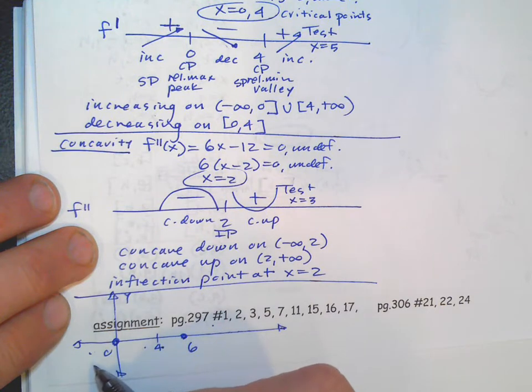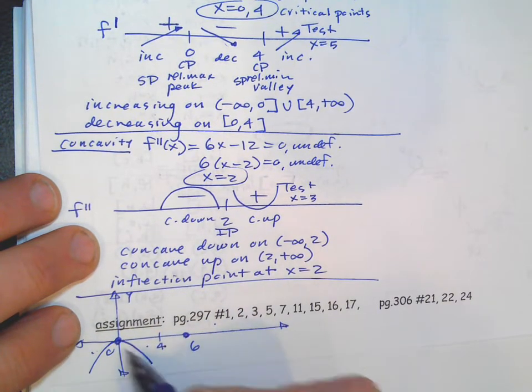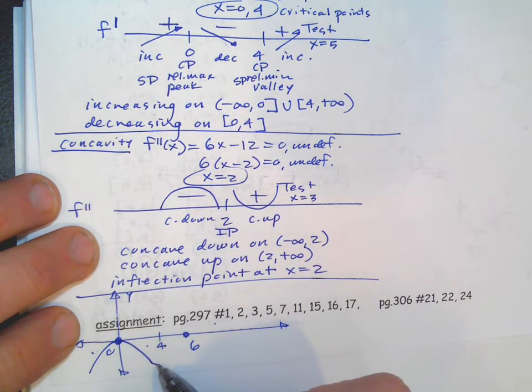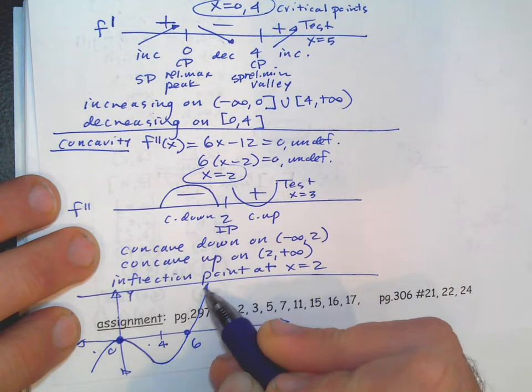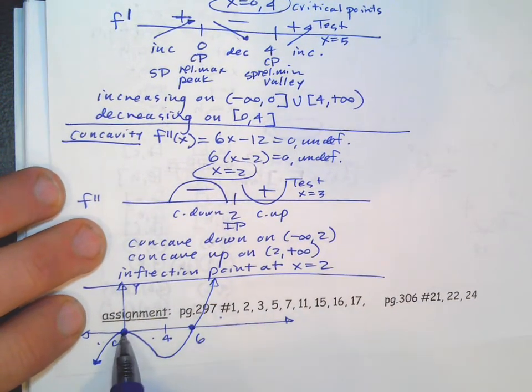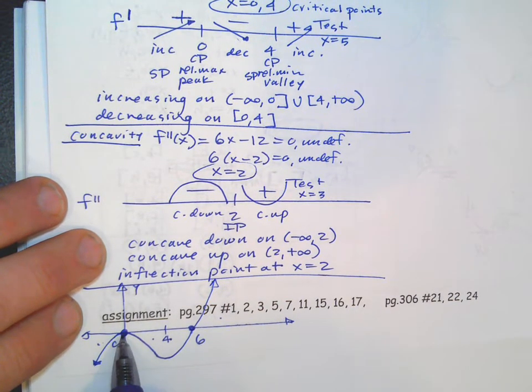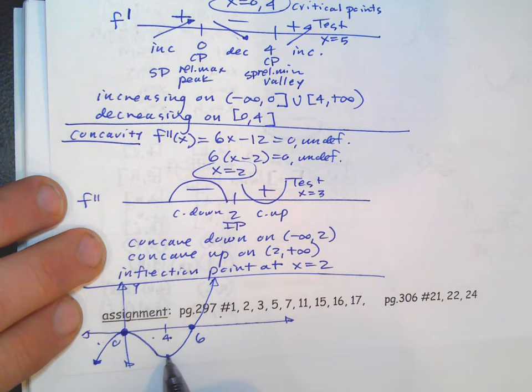But the graph does something like this. It's increasing, and then it's decreasing, and it bounces off the curve right there, and then it comes back up like this. So you have your x-intercept, your 0, that was a bounce, and it's also a relative max there at 0, and then you have a relative min at 4.